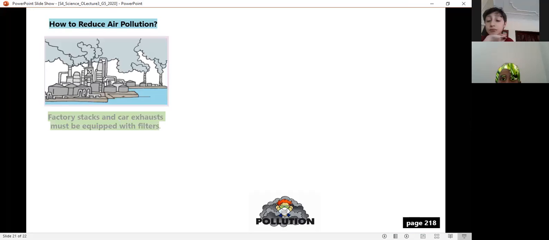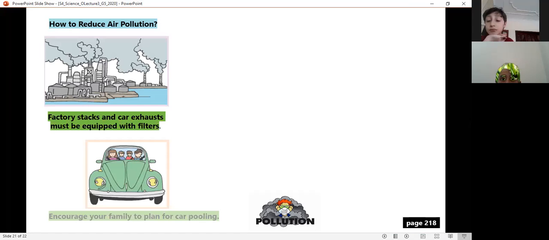Okay, so we have many ways to reduce air pollution. We can put filters in cars and in the factories. That's right, bravo Ahmad. Use filters in industries or factories, or even different kinds of filters. If we have two or more cars at home, it's better to use one if we are going at the same time instead of using two cars.